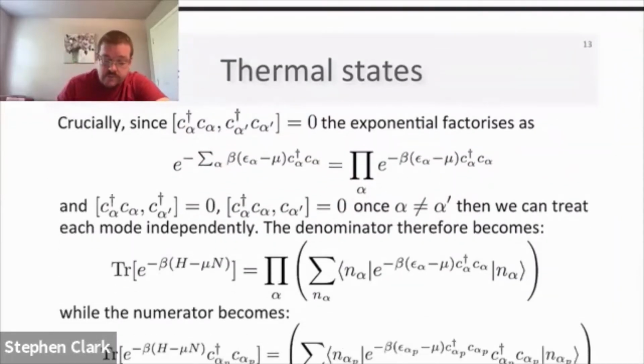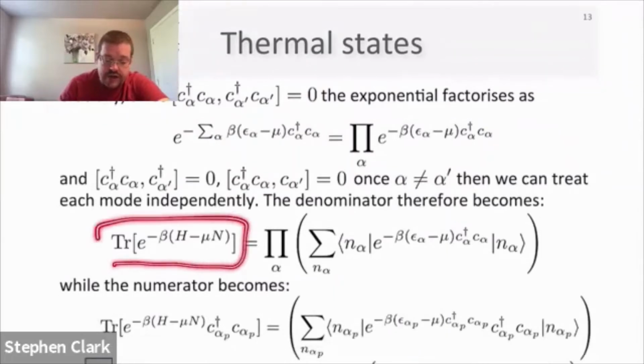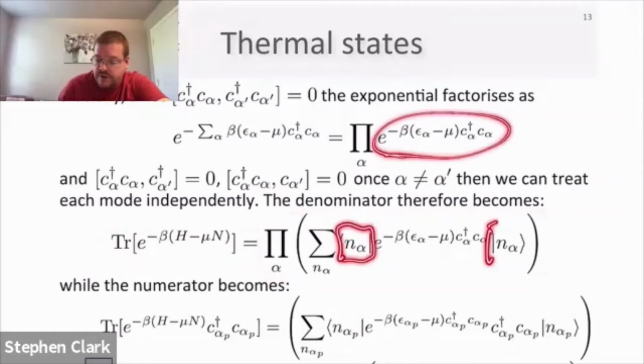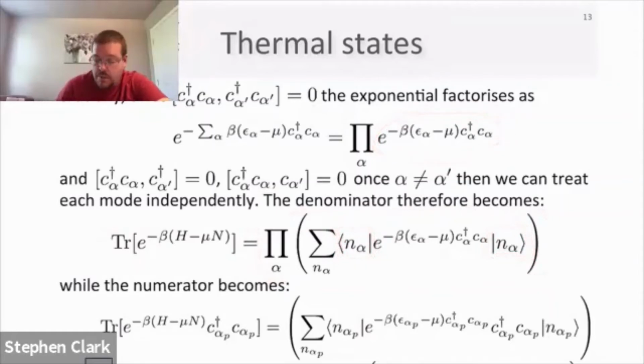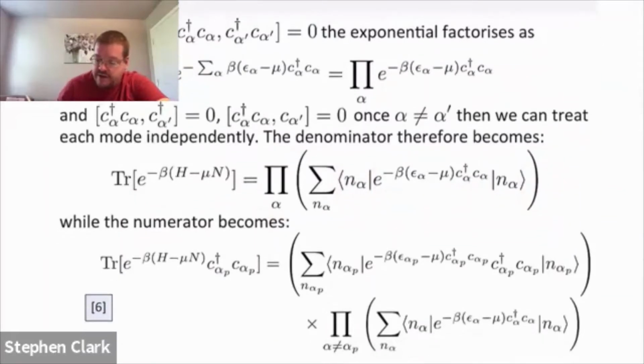So what that means is that we can break up this trace into the product of these terms. And now we only need to concern ourselves with any one of these terms, the number state for the particular mode of interest, the mode that's inside here. And so that's the denominator, and then the numerator is almost identical.